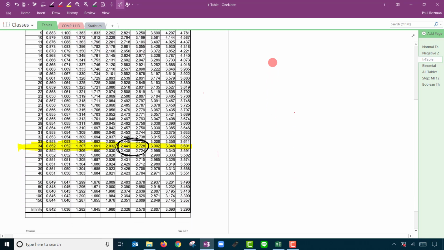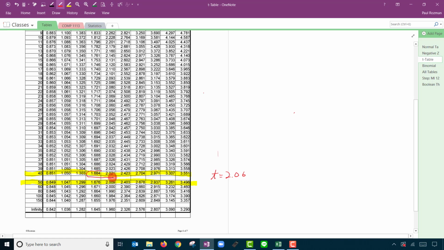Oh no, we don't have a row 49. We have a row 50. That's pretty close. And we have a row 40. Remember what number we're looking for there. We're looking for 2.06. It's not in the table.